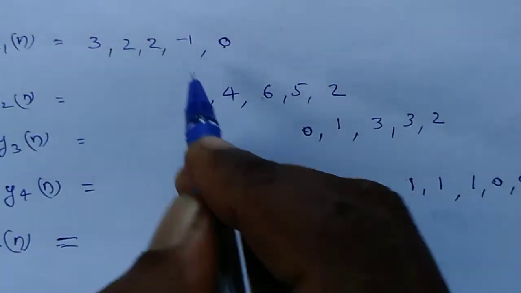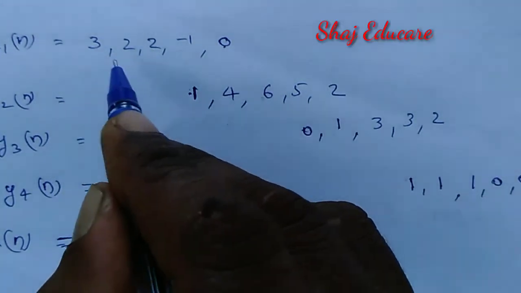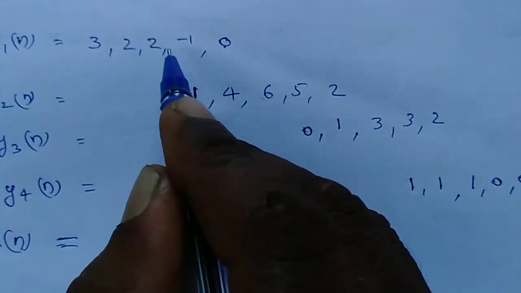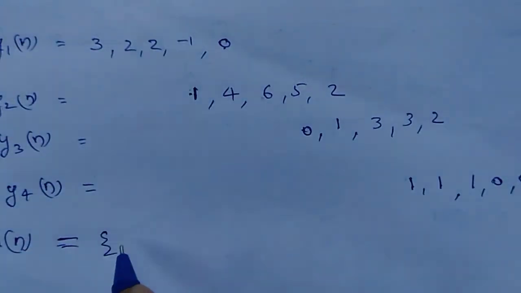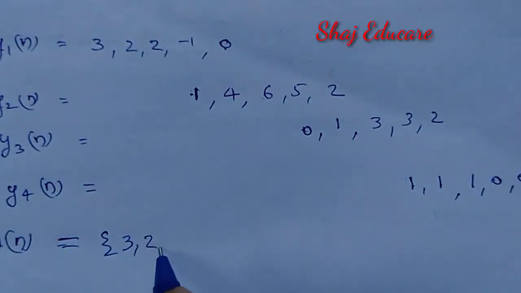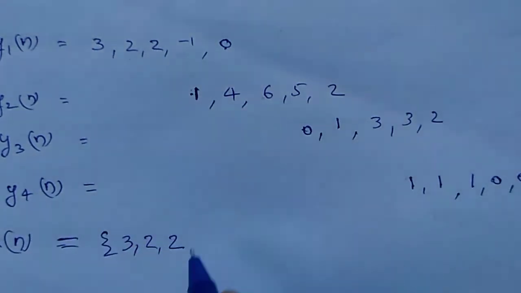First, write the first 3 elements, 3, 2, 2.